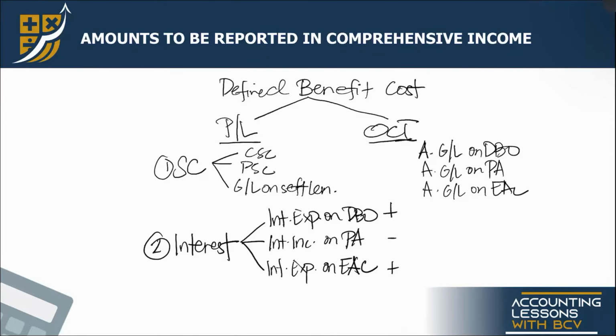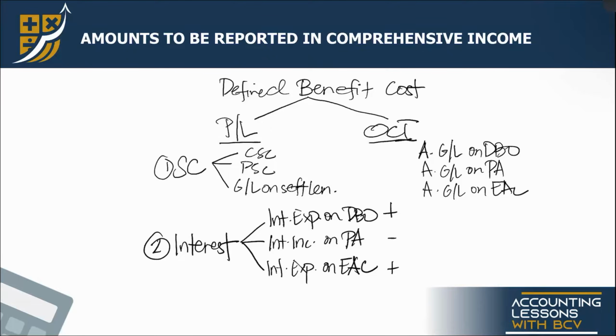Okay? Again, lahat ng loss naka-positive. Lahat ng gains naka-negative. Because retirement cost pinag-uusapan natin. Are we all clear? So these are the components of your retirement cost or defined benefit cost. Tandaan niyo yan. That's already the comprehensive one.